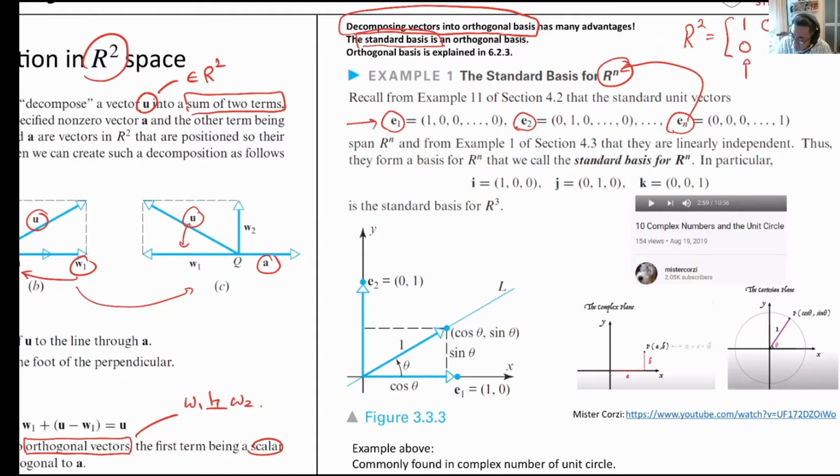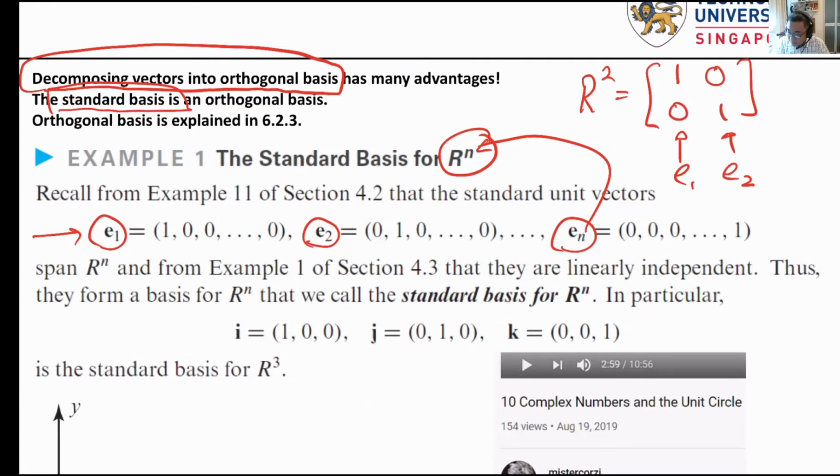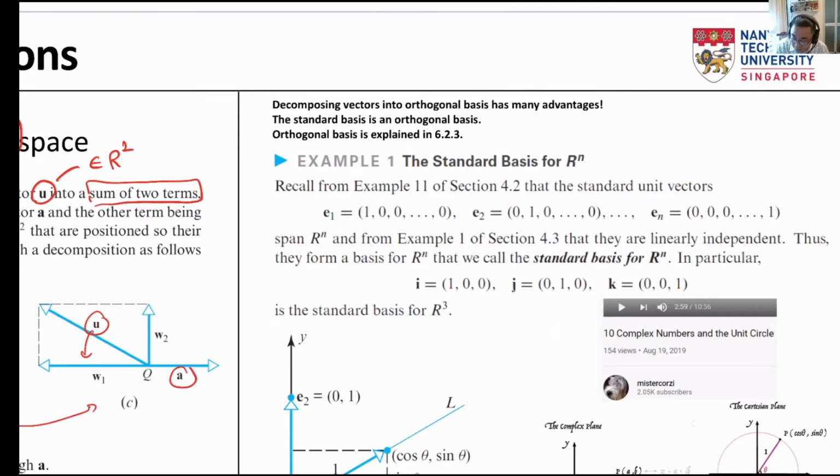The first column is E1. The second column is E2. And for the R3 case, the first column is (1, 0, 0). Here we use the row representation or the R3 tuple, or alternatively we have written it as a column vector, and so on.